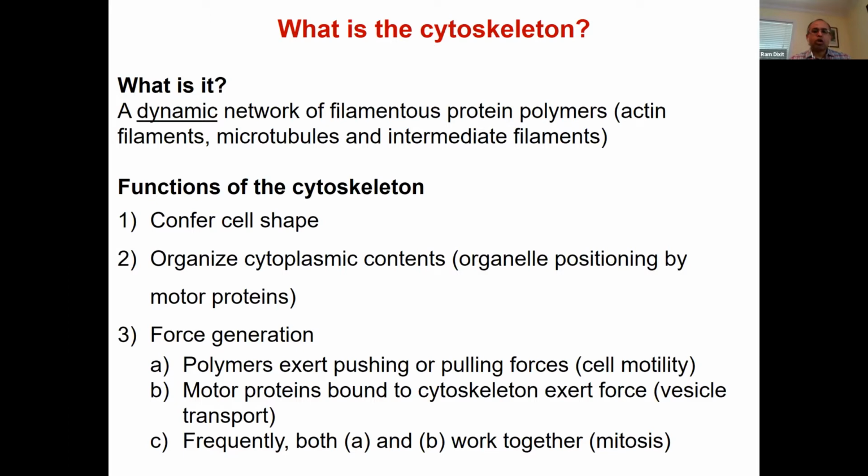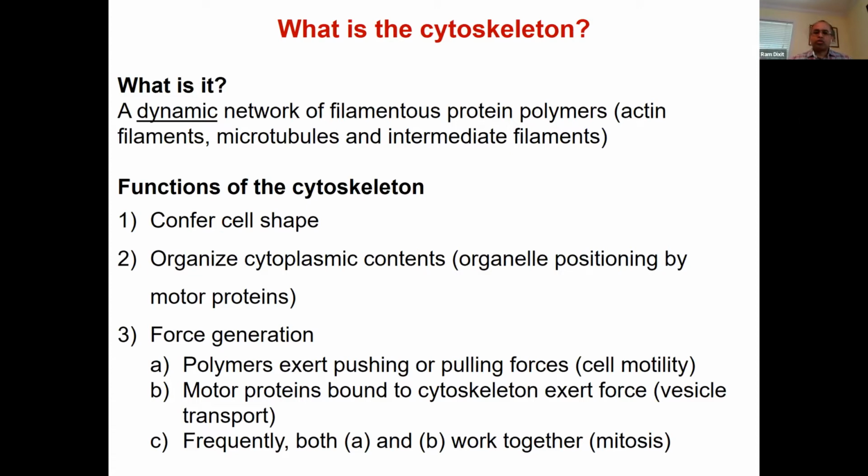So these polymers grow and shrink, as they add on new subunits and hence grow in length, or lose subunits and therefore shrink in length. And there are other ways of modifying these cytoskeletal filaments as well, like cutting them and so forth.